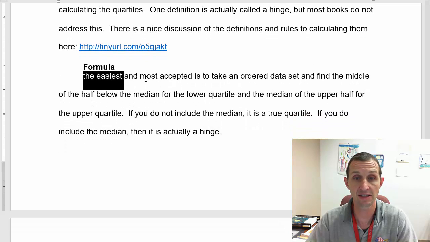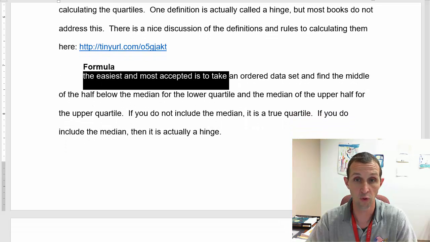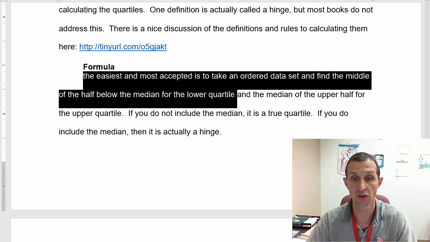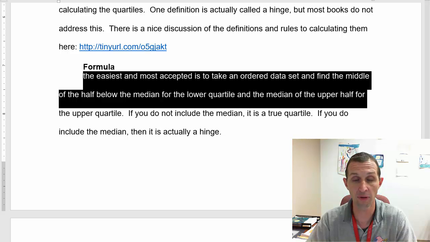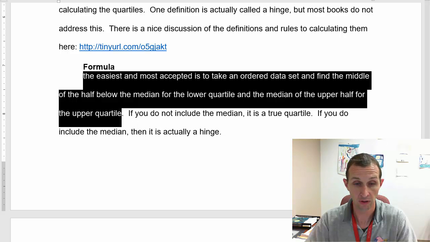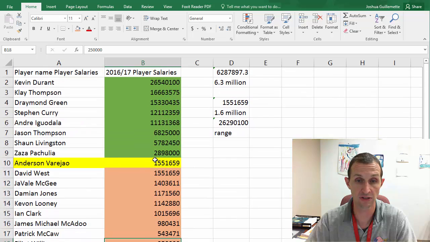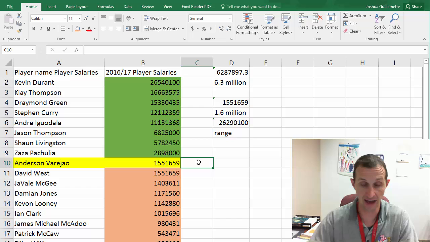And so the easiest and most accepted rule is to take an ordered set of data and find the middle of the half below the median for the lower quartile and the median for the upper half for the upper quartile, okay? And so if I go here, and I don't want to do it for the range of 50, but here I've got this median value.